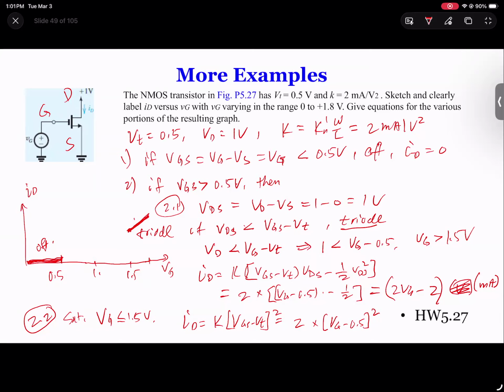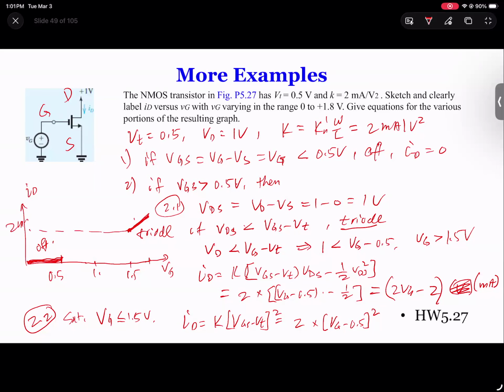So now your range is between 0.5 and 1.5, and that's your saturation region. At 0.5, this equation gives you 0. At 1.5, it gives you 2, which is exactly 2 milliamps.